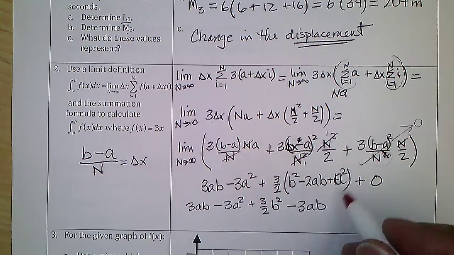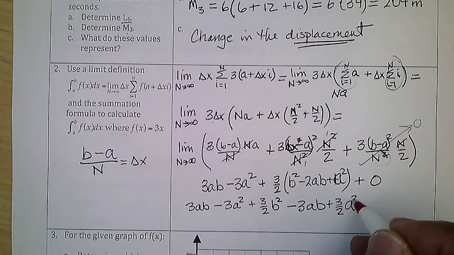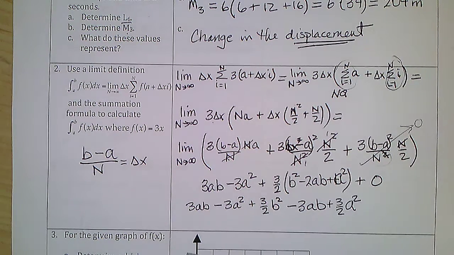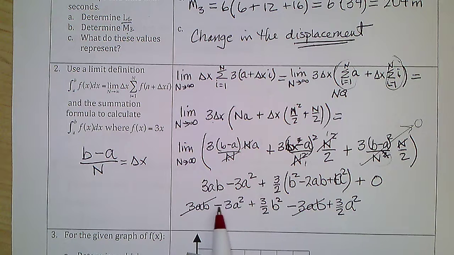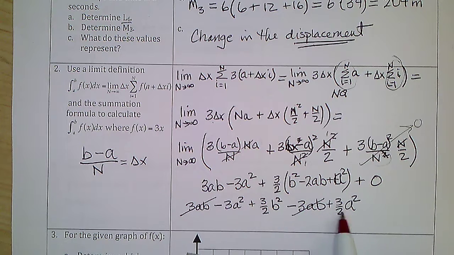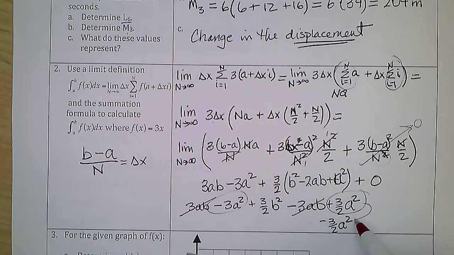And 3 halves, that will be plus 3 halves of a squared. These cancel. And minus 3a squared plus 1.5a squared is minus 1.5a squared, or minus 3 halves a squared, when I put this one and that one together.